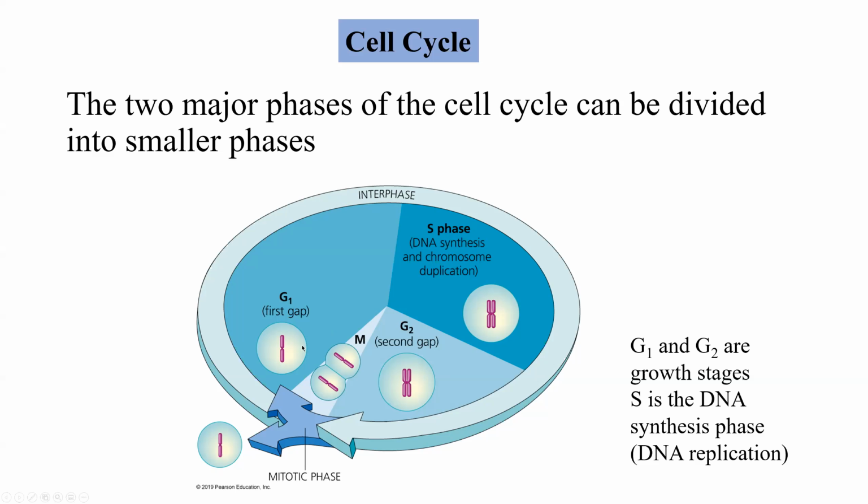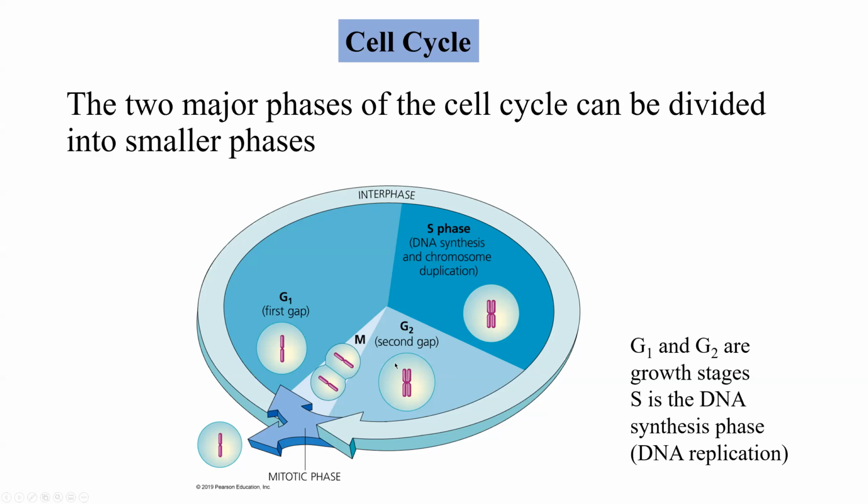This is going to be referred to as your parent cell. When you go to the S phase, you'll see that this one chromosome, the DNA, is going to be replicated. So you're going to have the exact same information over here, and now you're going to have this sister chromatid. This is still one chromosome because you have one centromere here connecting them. Basically, the information here is identical to the information here.